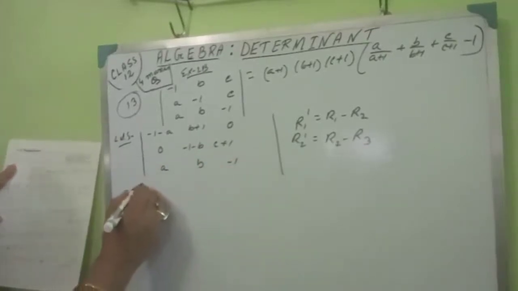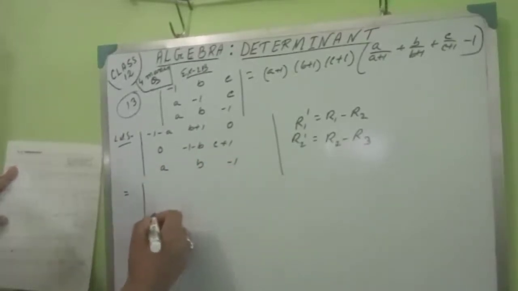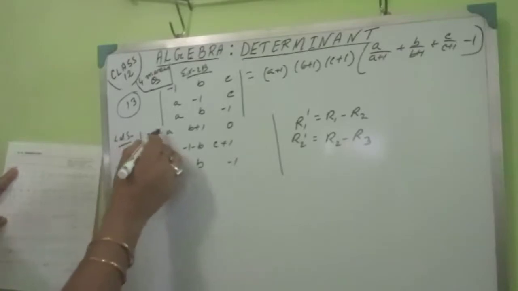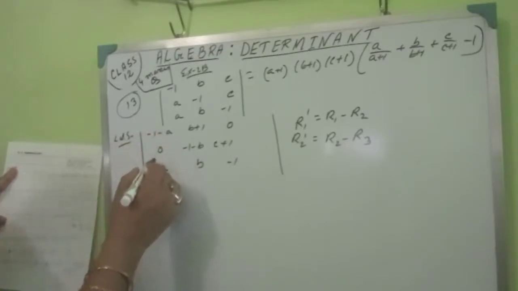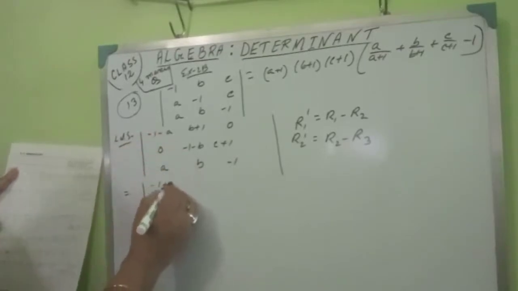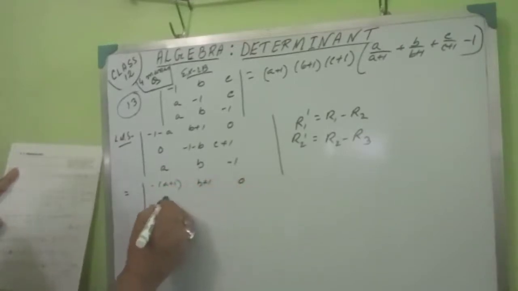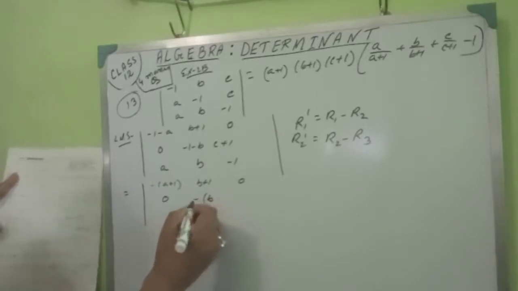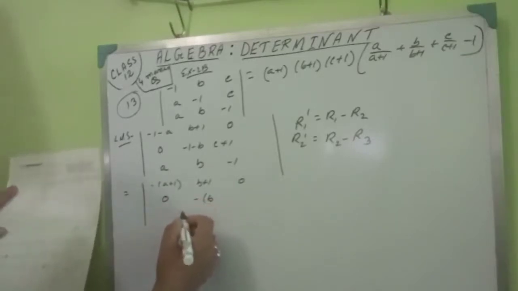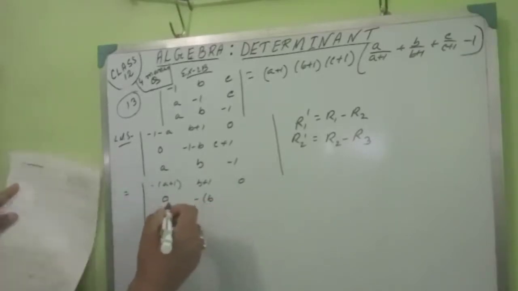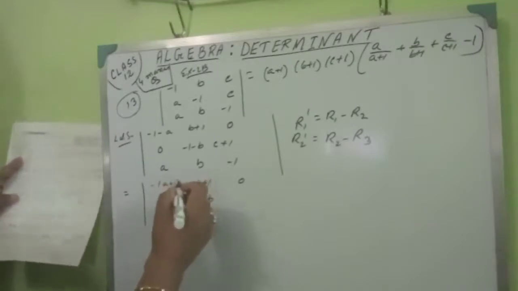Okay, and what we will get? Take common minus, it is coming a plus 1, and then it is b plus 1, 0, 0 minus b.